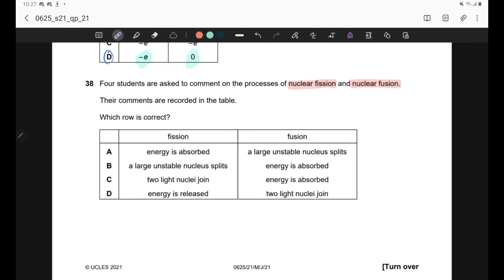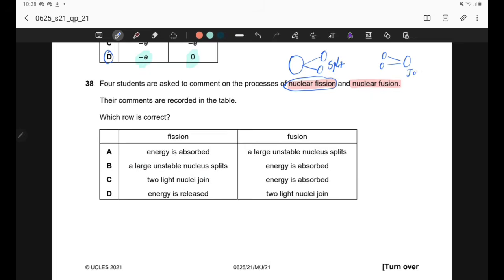First of all, nuclear fission means a heavy nucleus splits into two lighter nuclei. Fission means splitting, whereas fusion means two light nuclei join together and produce a heavy nucleus.